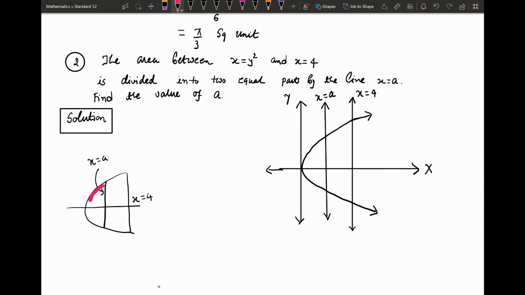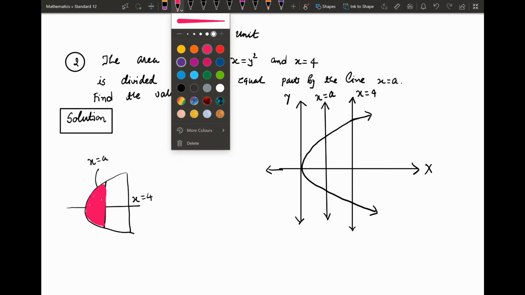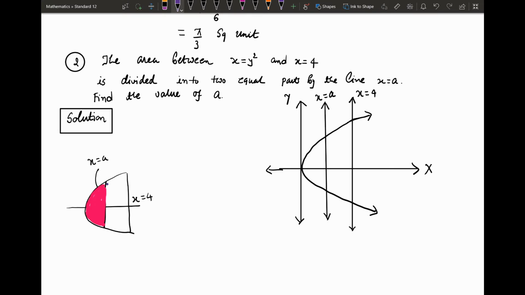So you check this one, x equal to a, it divides into two equal areas. If we denote this alpha and another one beta, so alpha equal to beta, equal area.